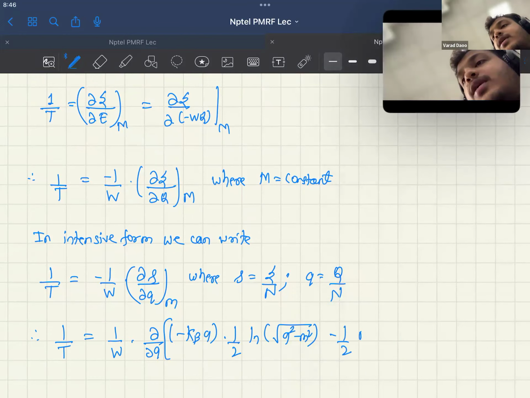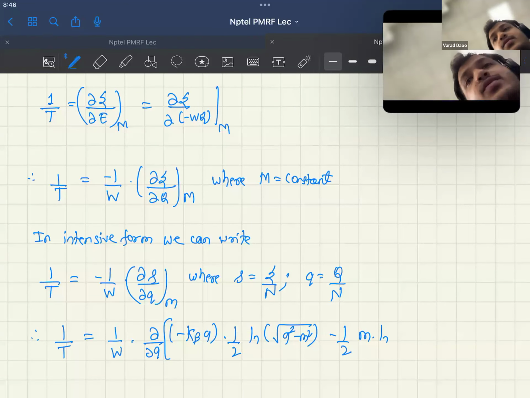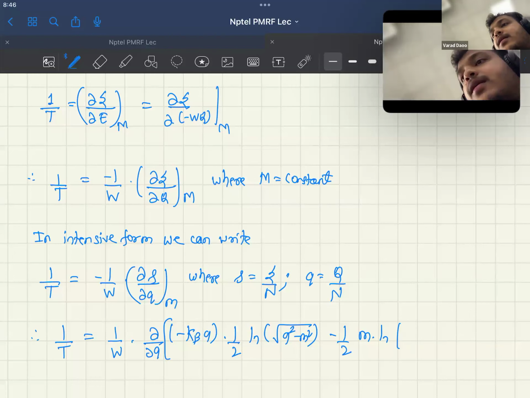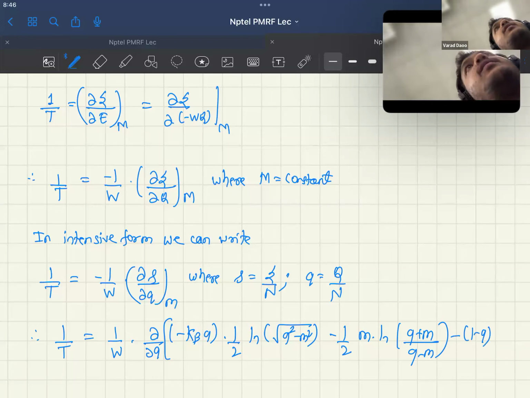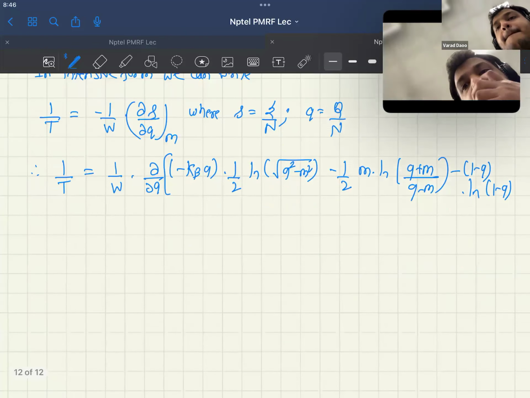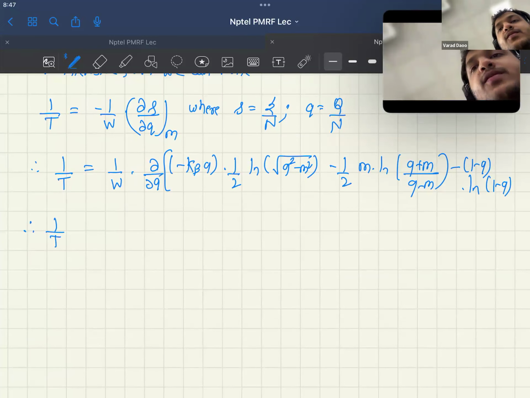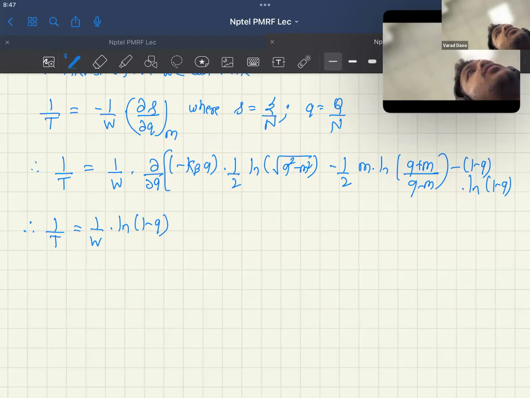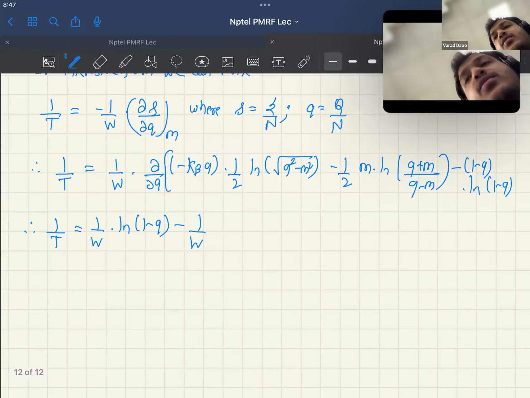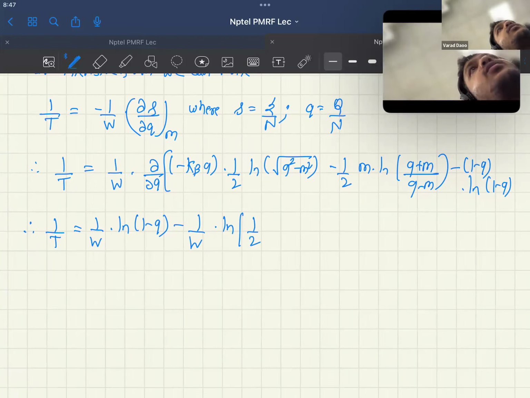Minus 1 by 2 M into ln of Q plus M divided by Q minus M, minus 1 minus Q into ln of 1 minus Q. Therefore, 1 by T is equal to 1 by W into ln of 1 minus Q minus 1 by W into ln of 1 by 2 into square root of Q square minus M square. Right?